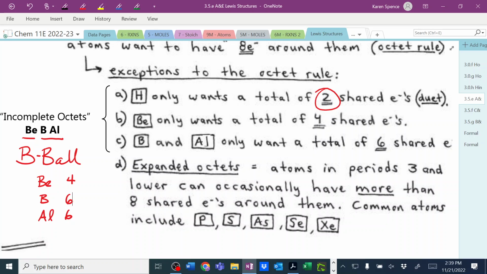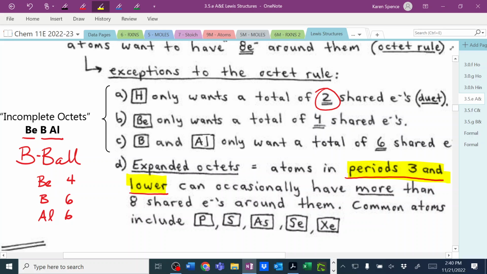Now, expanded octets, and we will talk about these, but not for a little while. If you're in period 3 and lower, what's present in period 3 and lower that isn't present in periods 1 and 2? D orbitals.